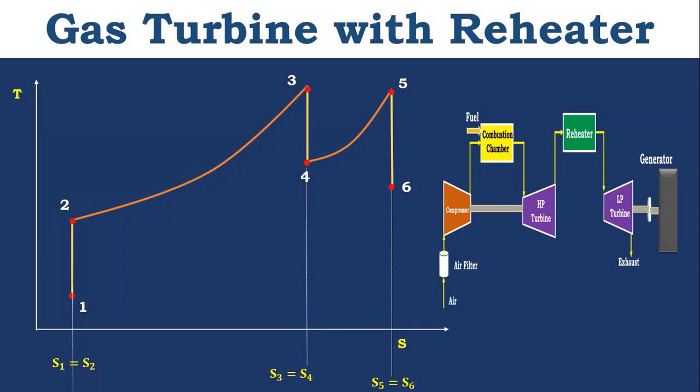And I told you already T6 is always greater than T1. So we take constant pressure heat rejection to the atmosphere. Here we have two places of heat addition. One is the combustion chamber, the other one is the reheater. Both are accountable, and there is one heat rejection which is useless to us.